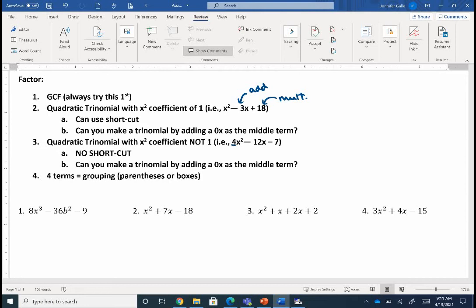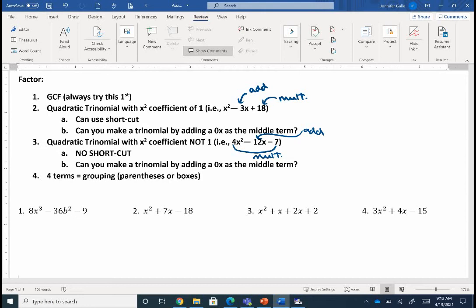So when we have that different number in front of x squared, remember that's where we had to take our first term times our third term to do our multiply piece. And we still add to get the middle term. This was the one that didn't have the shortcut. I know a lot of you like the shortcut, and we'll review it today. Once we have a different number in front of x squared, we can no longer do our shortcut.